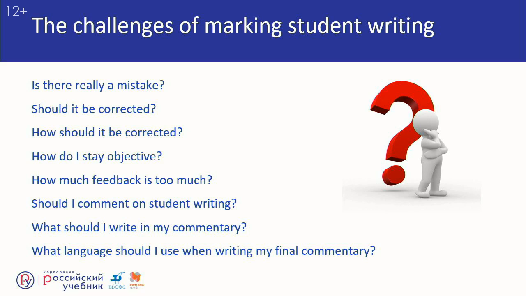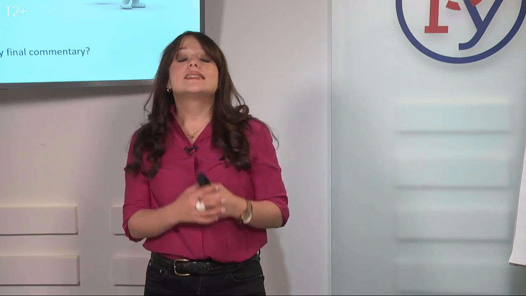sometimes it's not very easy to understand whether there is a mistake, right? Again, especially if we're not native speakers, right? Sometimes what we think is incorrect might actually be correct, right? And overcorrection is a very common trend when it comes to assessing student writing, very common among non-native English speakers.